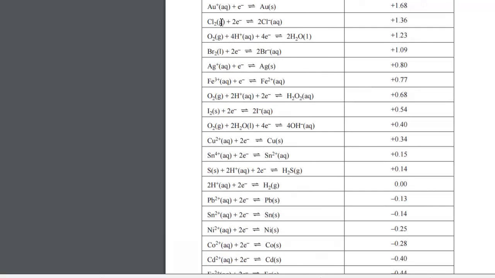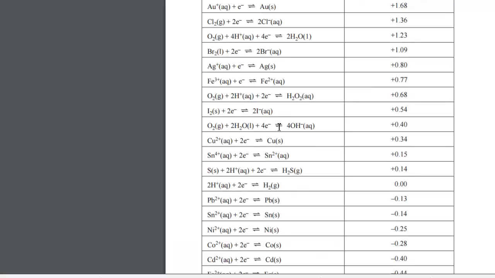Silver's up here. Silver, in its ion state, is quite willing to gain electrons and turn into silver solid. Then we have copper, which is slightly worse at gaining electrons than silver because it's below silver, but it's still pretty good. So copper ions are going to gain electrons and form copper.